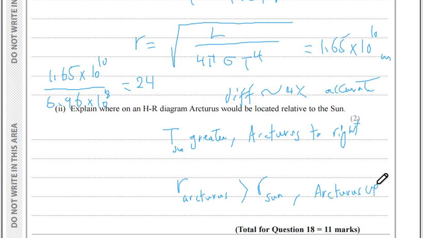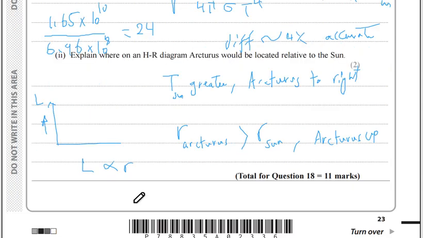Okay, because luminosity increases upward, and the relation between L and R is a direct proportionality. We have L equals 4 pi R squared sigma T to power 4. Okay, so as radius increases, L increases.